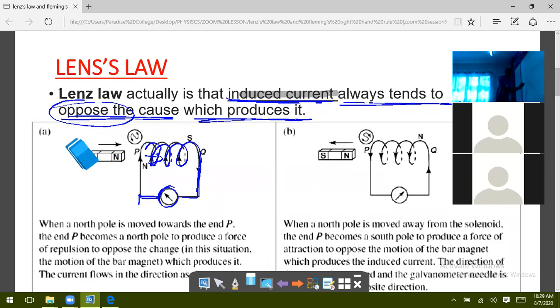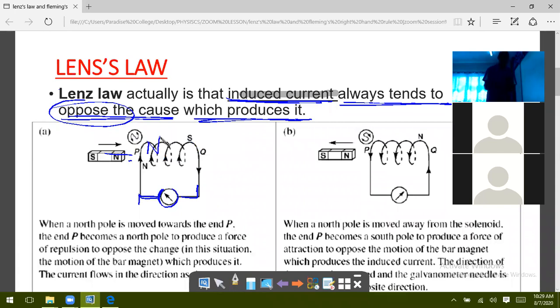So the north end is brought closer. When the north pole is brought closer, the current flows in such a way that this end of the solenoid, P, tends to be a north end.